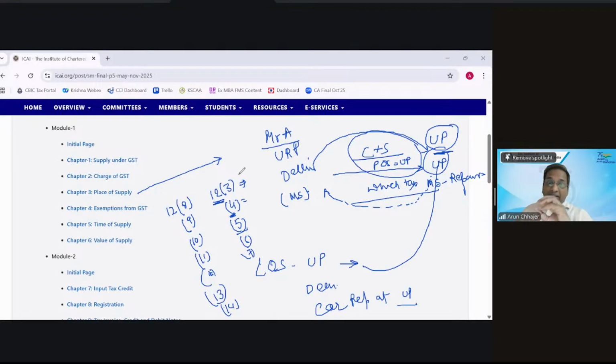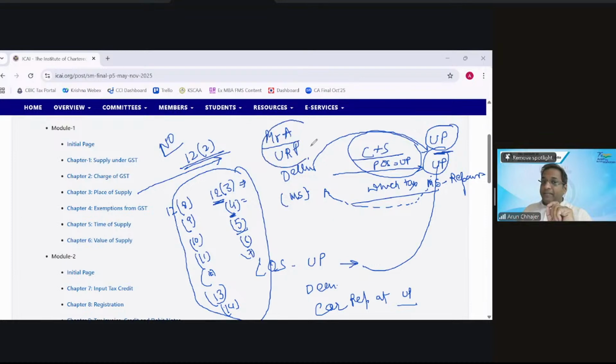Whether my repair service is being categorized in any of the specific provisions? No. Then where will it fall? It will fall in the general clause. And according to the general clause, if you have the recipient address, then the location of the recipient would be the POS. So in my example, the POS is Delhi and the tax will be IGST.